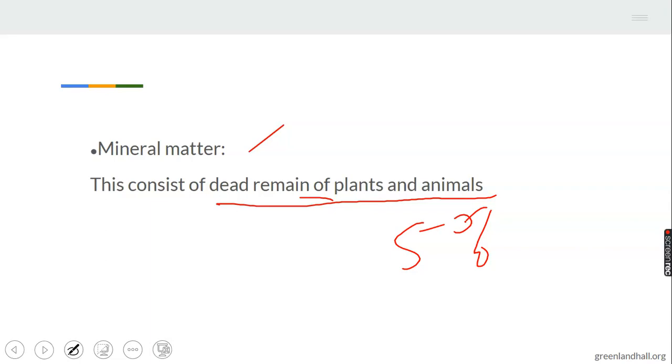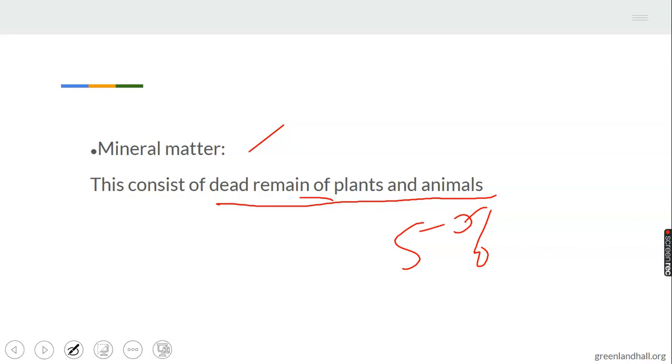Leaves, roots, plants, the residue of crops, and animal dung are all organic matter. Either you use the word organic matter or, as well, humus. Take note of that.